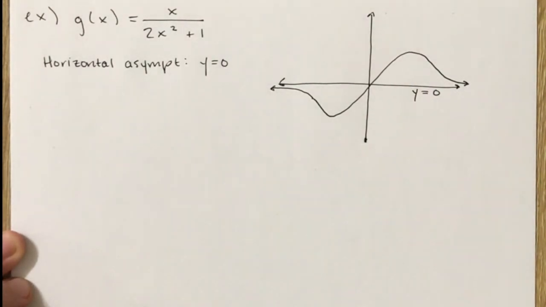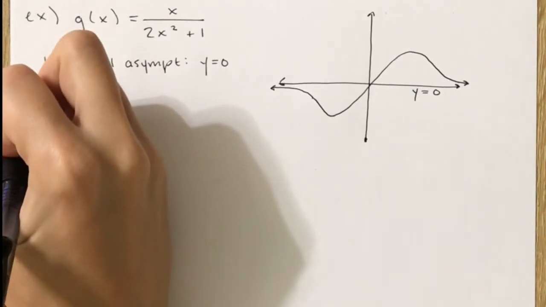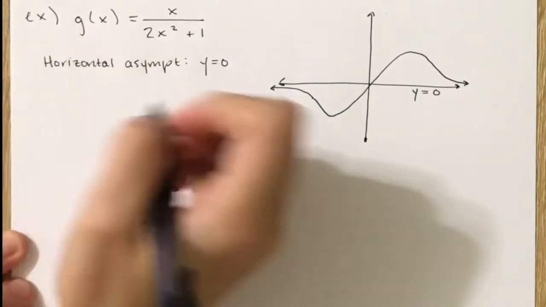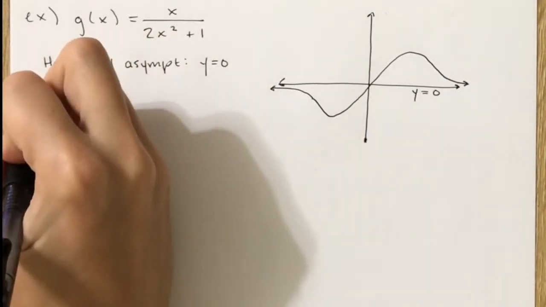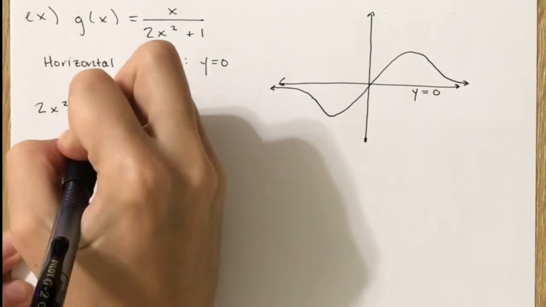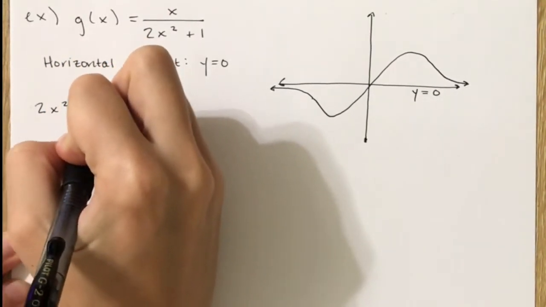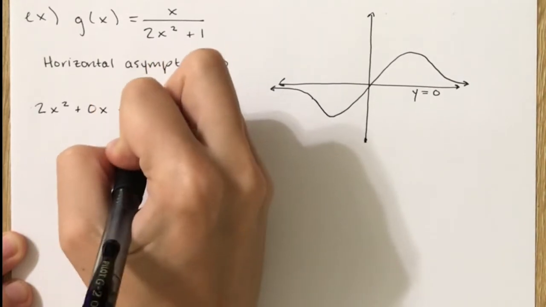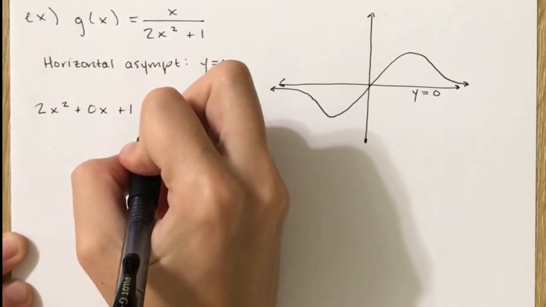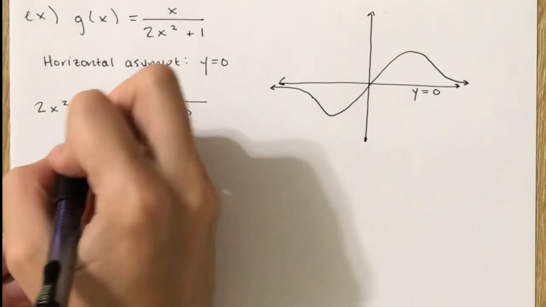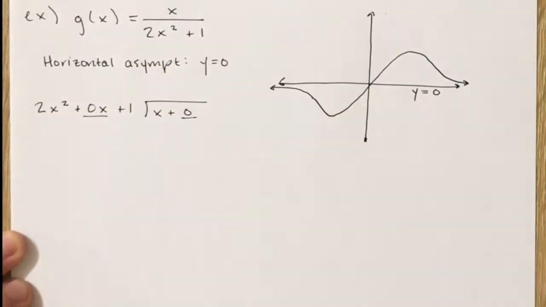Let's use our quotient rules here. To set this up, we write out our long division. We've got 2x squared plus 0x plus 1 dividing x plus 0. We definitely want to make sure we have those placeholders.